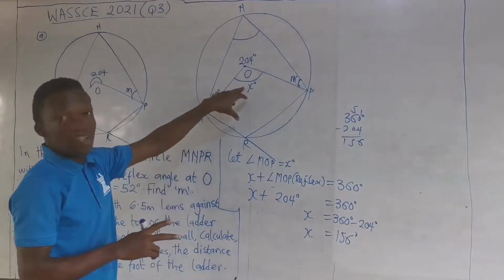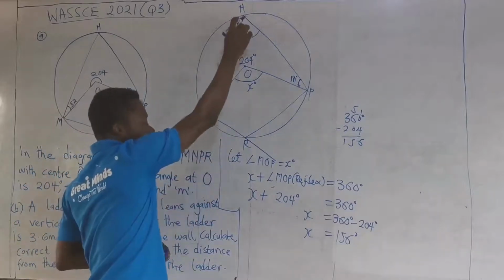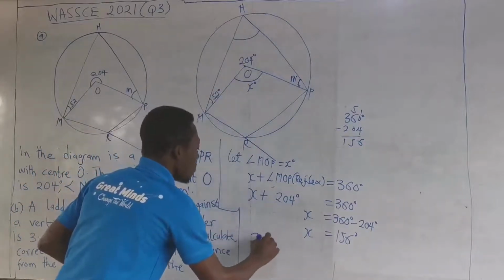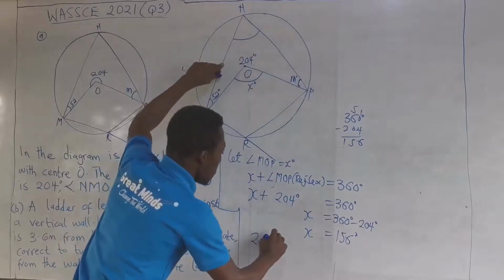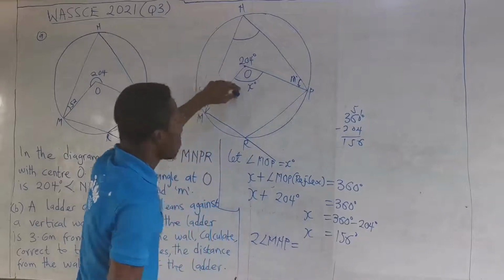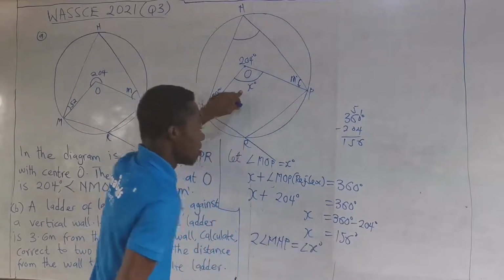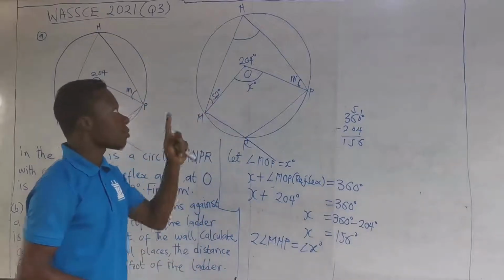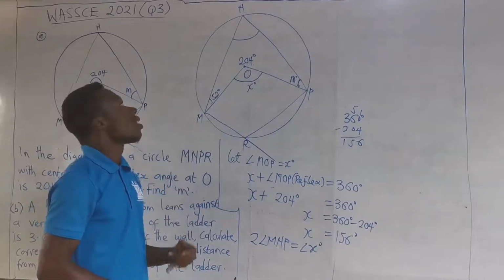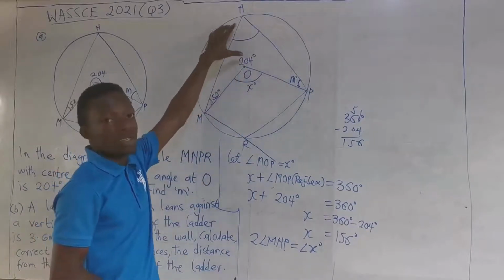After getting x, we can say that twice angle NP will be equal to angle x degrees. One of the properties of the circle theorem tells us that the angle at the center is twice the angle at the circumference of the circle.